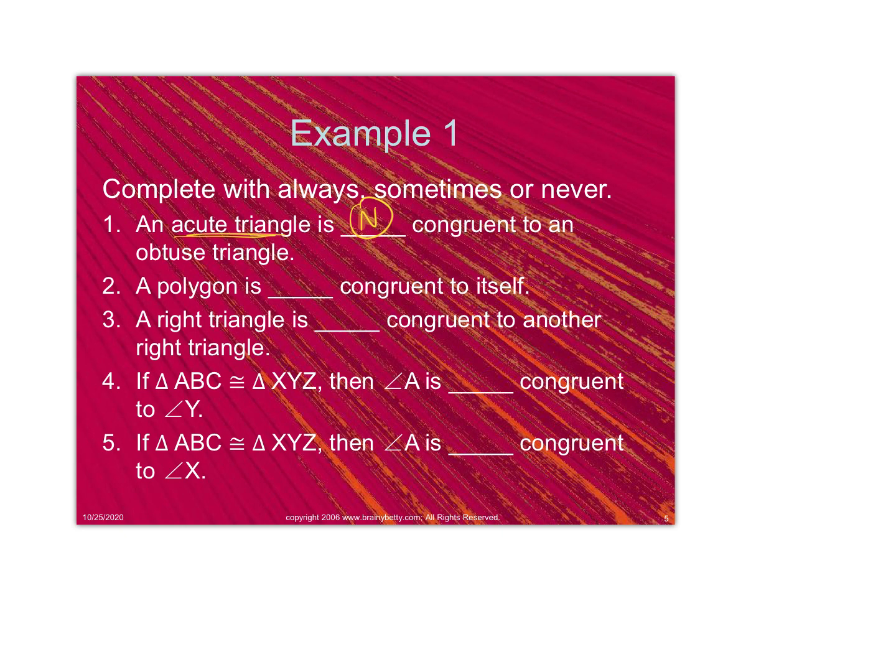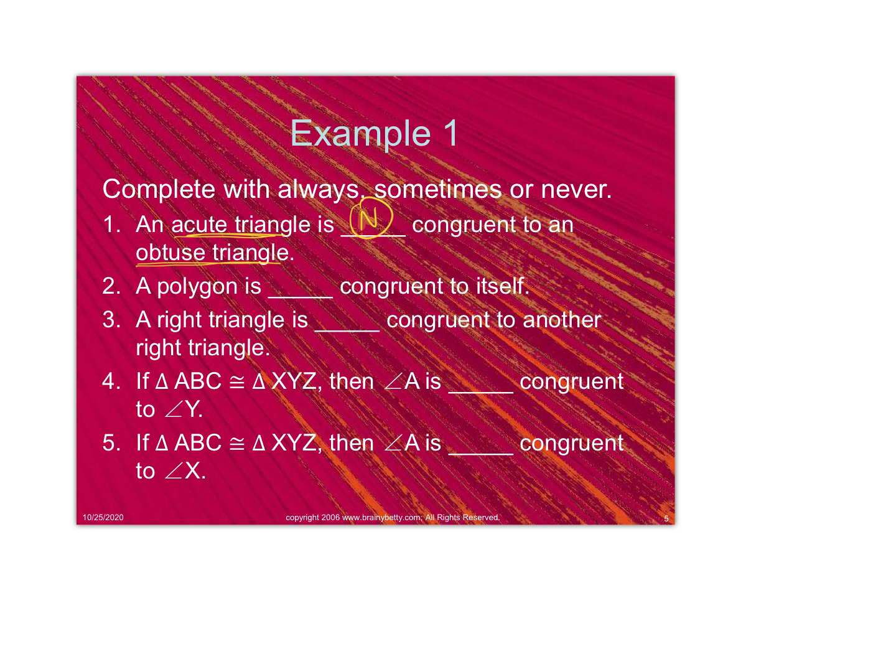Well, in an obtuse triangle, one of the angles is going to be obtuse. So you're never going to have an acute triangle that has an angle equal to that obtuse triangle. And remember that in congruent shapes, all the angles have a corresponding congruent angle in the other shape. In other words, the three angles have to match the three angles of the other shape.